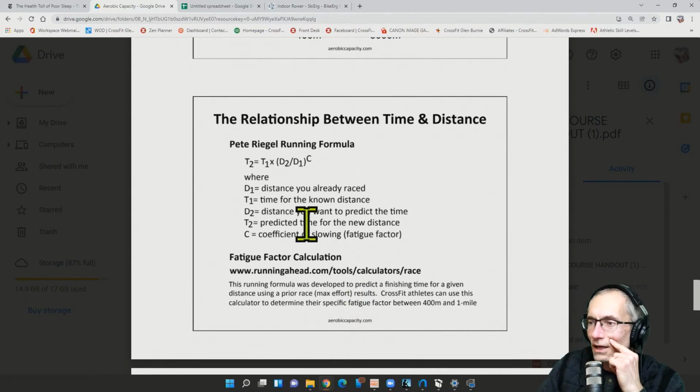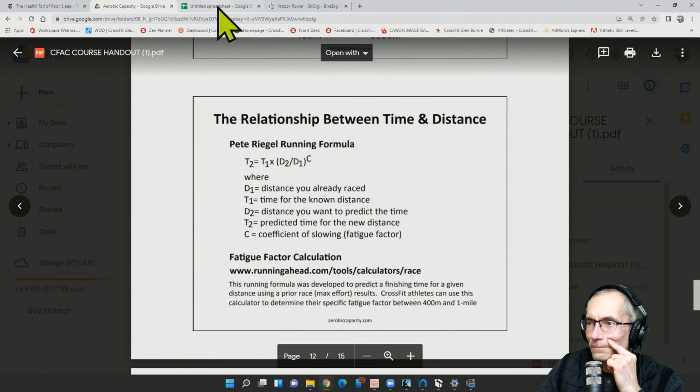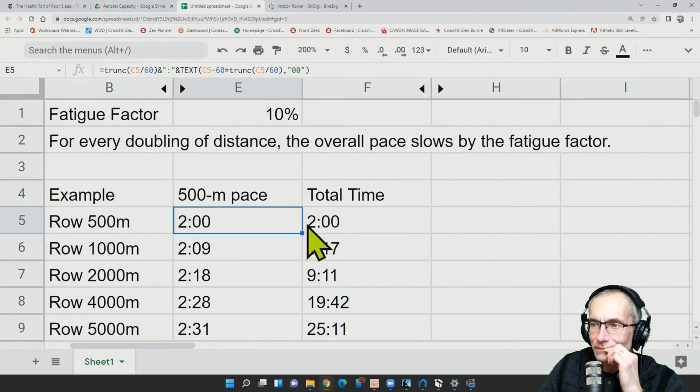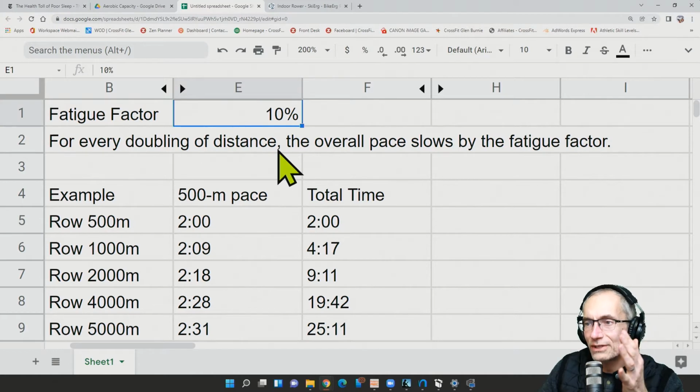Okay, so that's the formula. Here's some numbers. I put in a fatigue factor of about 10%. Now, 10% is for somebody who has a fairly well-developed aerobic system, and it also relates to the relationship between your different energy systems. So if you are an endurance athlete, then 10% is probably the right number.